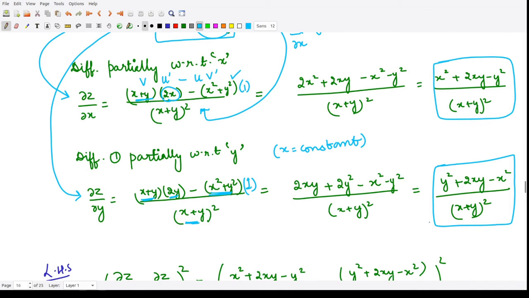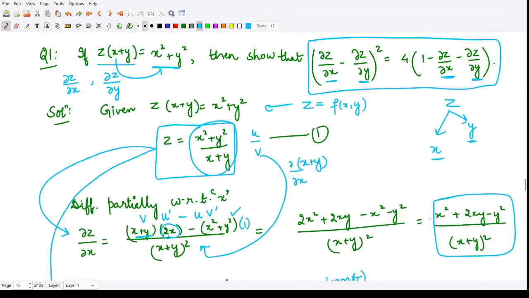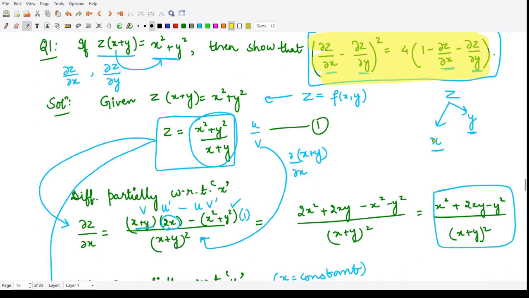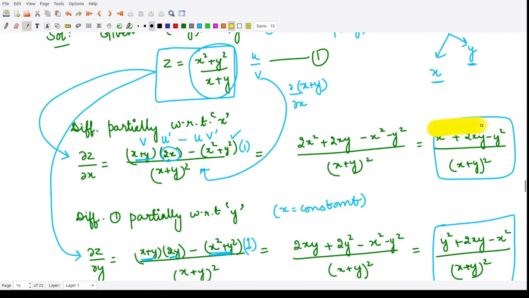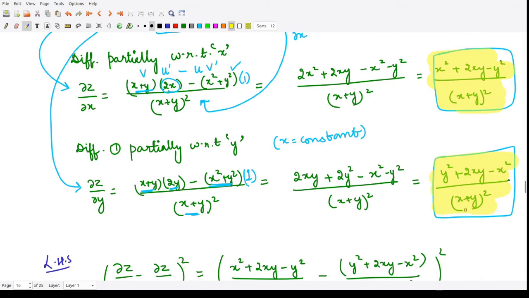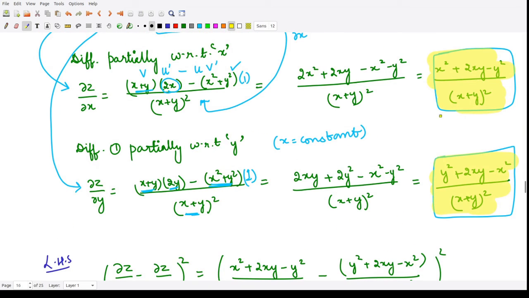Now once you have del z by del x and del z by del y, we have to show this quantity. For that we first consider the left hand side, that is del z by del x minus del z by del y, whole square. We have the quantity del z by del x and the quantity del z by del y, so we can substitute them here.